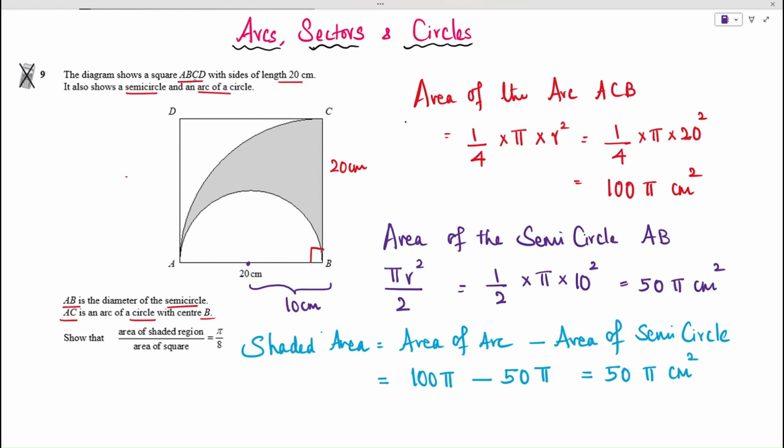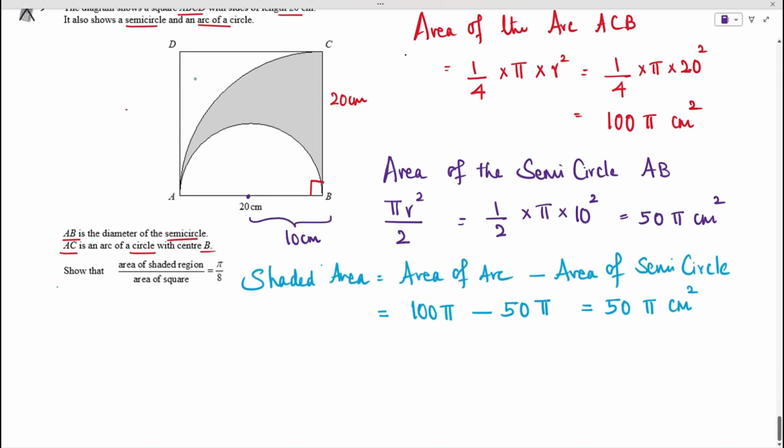Now we've got that, we have to now find the area of the square, because that's the denominator in the fraction they have given. So we know that the side length of our square is 20 centimeters. So this is equal to a squared, where a is our side, and so our side here is 20, so it's 20 squared, which is equal to 400 centimeters squared.